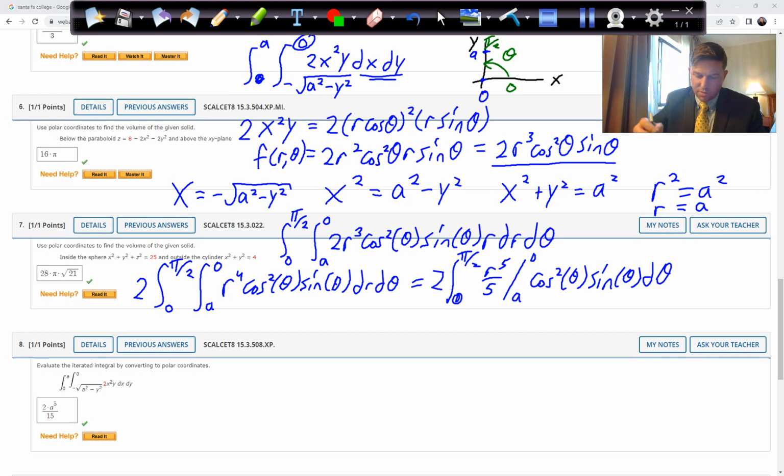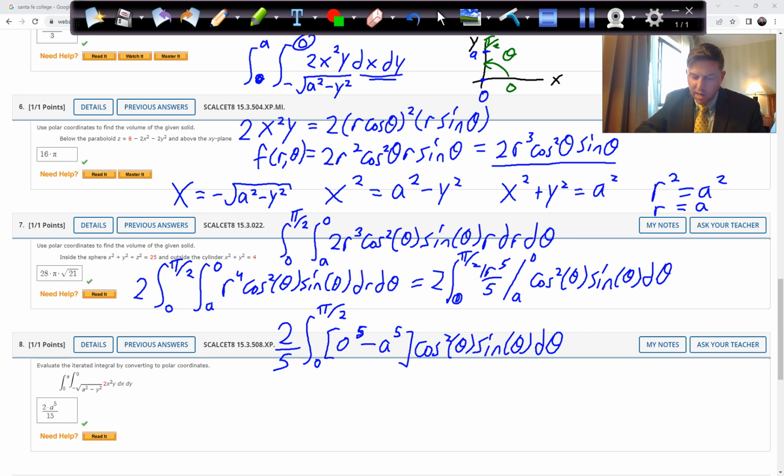I better actually show this one. Let me write it as 2/5, pulling this 1 over 5 out front. This will be 0 to pi over 2, and this is going to be upper limit, which is 0 to the 5th, minus lower limit, a to the 5th, times cosine squared theta sine theta d theta.